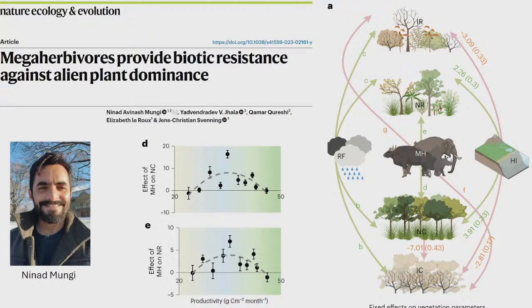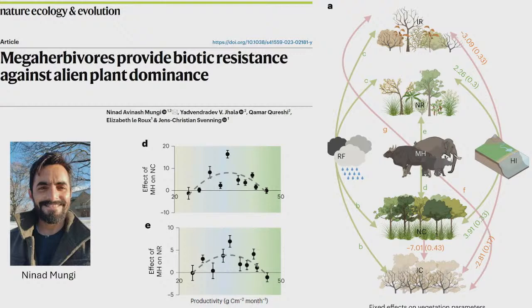And so what they found is that rainfall always increased plant richness and plant cover, regardless of novelty. So both novel species and native species, rainfall increased it, and mega herbivores increased native richness and native cover.